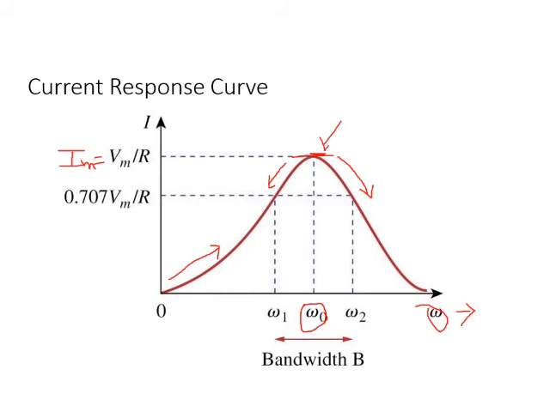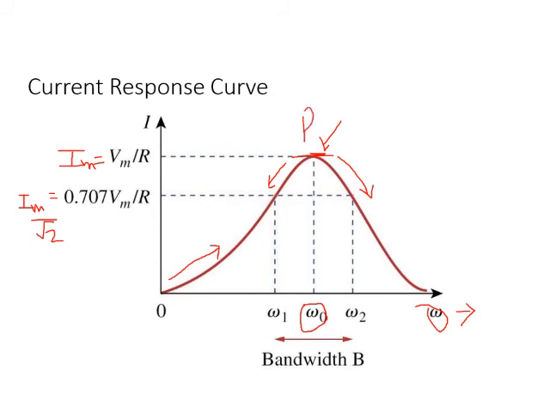Now as the frequency is reduced to another frequency omega 1, and as the frequency increases to omega 2, the current becomes 1 by root 2 times its maximum value, that is Im by root 2, so at this point the power consumption becomes half of its maximum value.